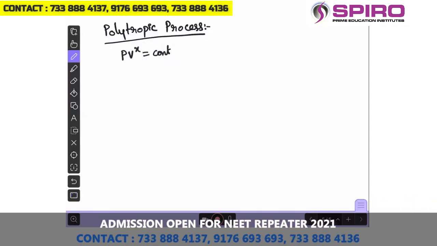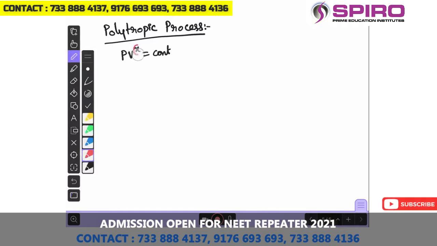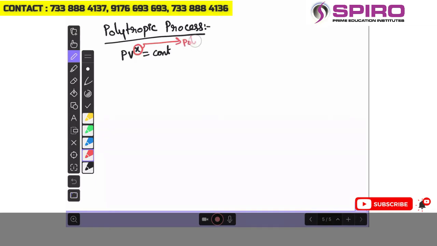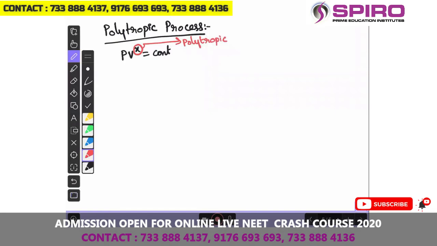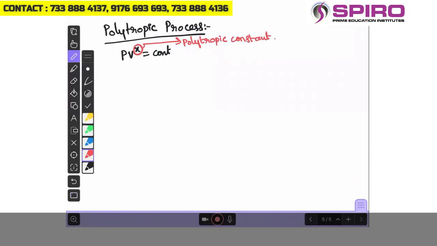So X is called the polytropic constant. What is X? X is the polytropic constant. Depending upon the value of X, the process will be estimated, what kind of process it is.